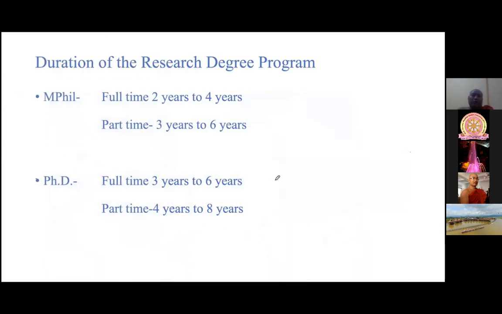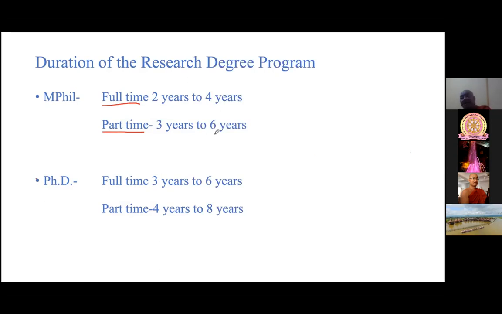So here is the duration of the research degree program. For a full-time MPhil, it is 2 years to 4 years. If you could complete it in 2 years, it's okay. If you could not complete it, you can extend it by 2 more years. So the maximum duration for a full-time MPhil student is 4 years. For a part-time student, it is 3 years to 6 years.